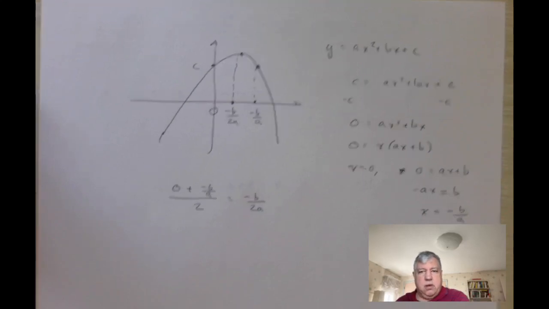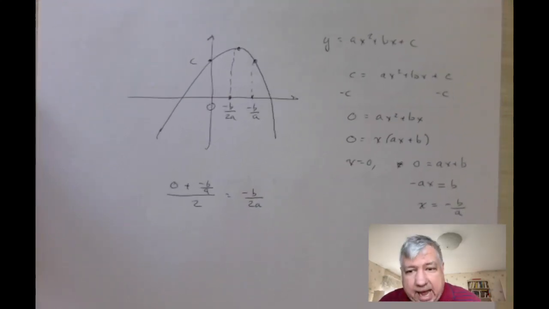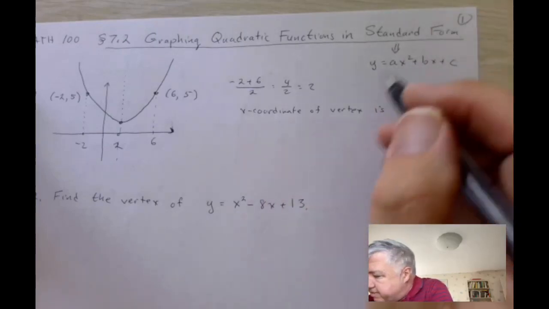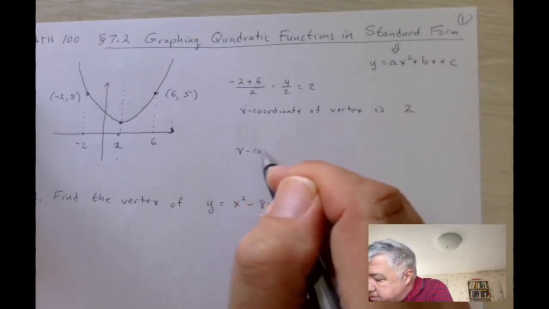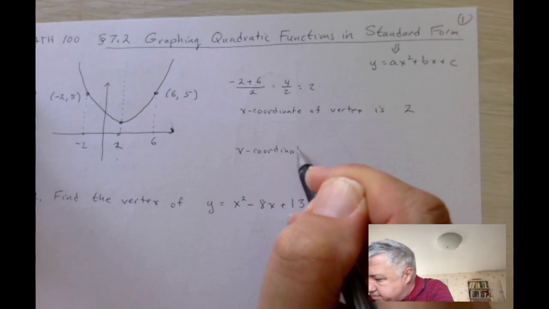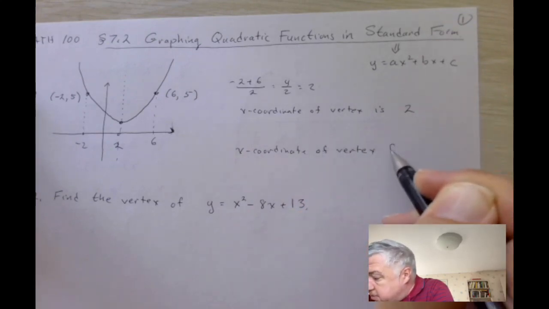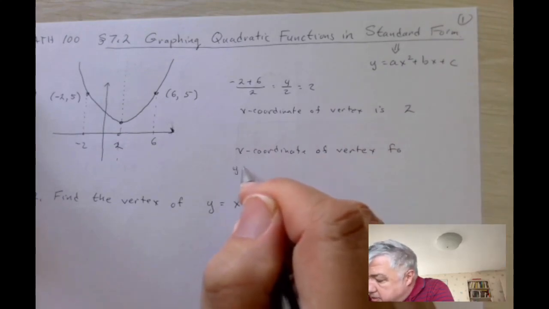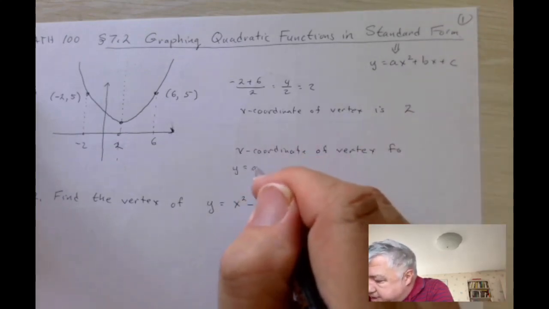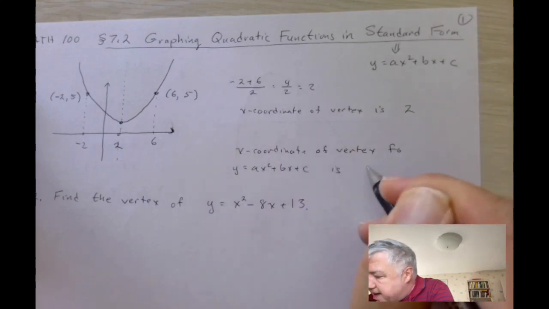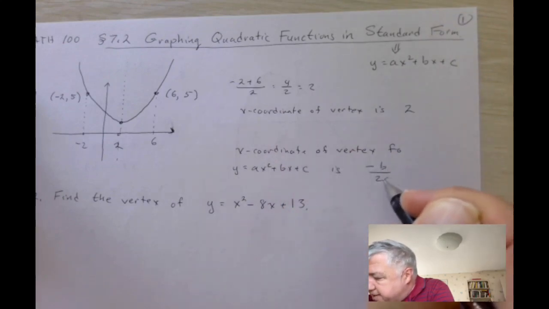Okay. Now, the good news is you do not have to do this for every problem. You can just use this formula that we just proved: in general, the x-coordinate of the vertex for y equals ax squared plus bx plus c is, in fact, minus b over 2a.